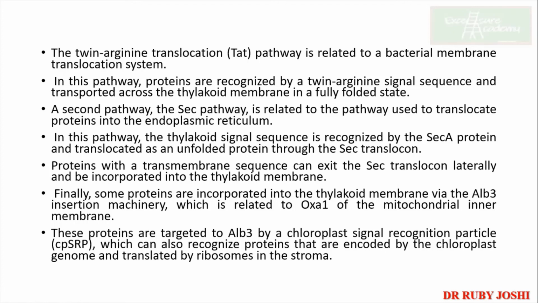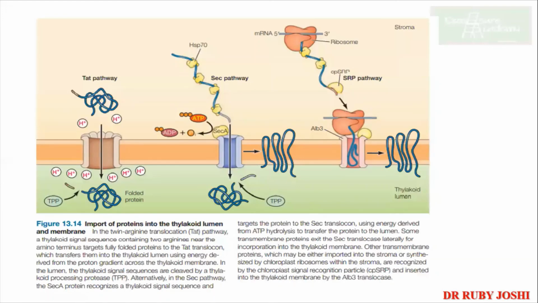Similar to that, in the case of the thylakoid, which is specific to the chloroplast, it is your ALB3 translocon. Okay, so now these proteins are targeted to ALB3 by the chloroplast signal recognition particle, which recognizes the proteins encoded by the chloroplast genome, and translated by the ribosomes in the stroma. So these are the three pathways for your thylakoid lumen and the membrane protein insertion.